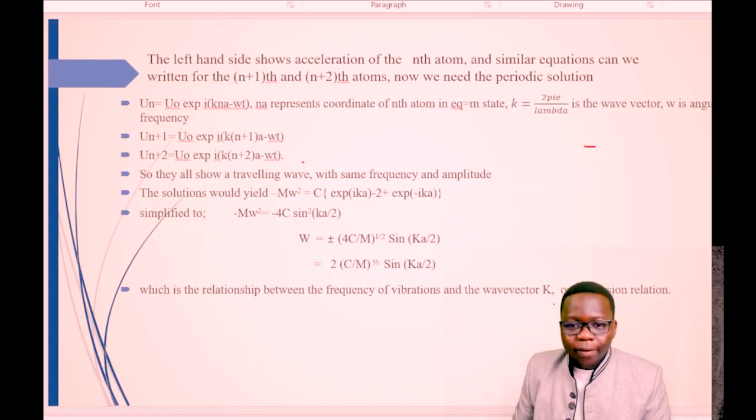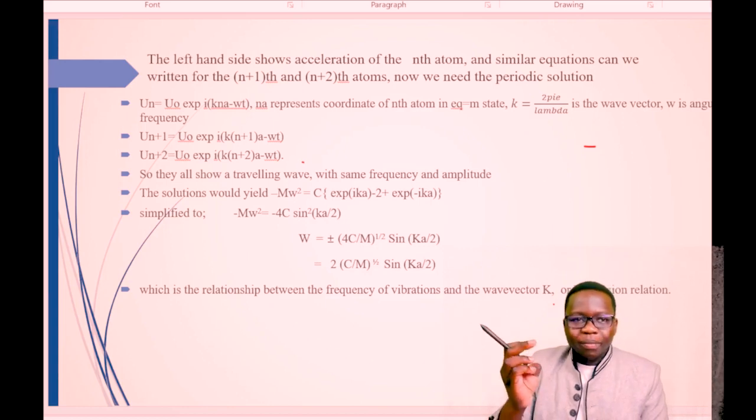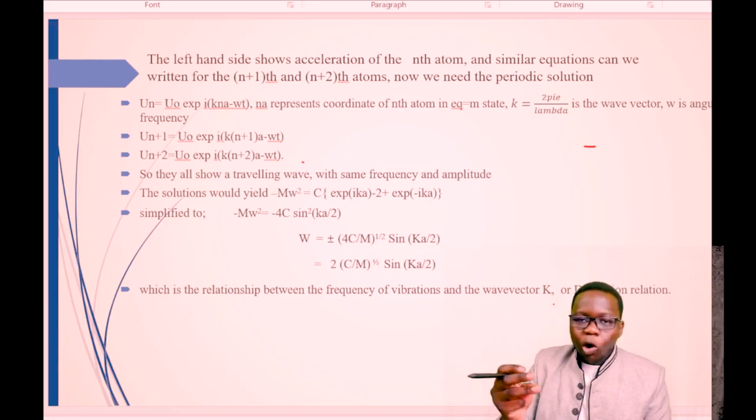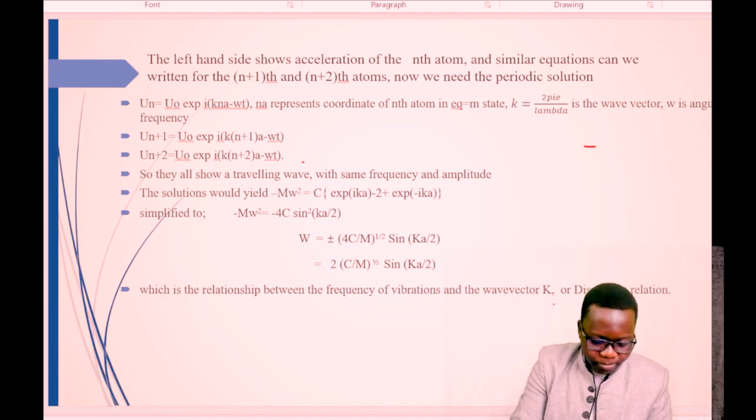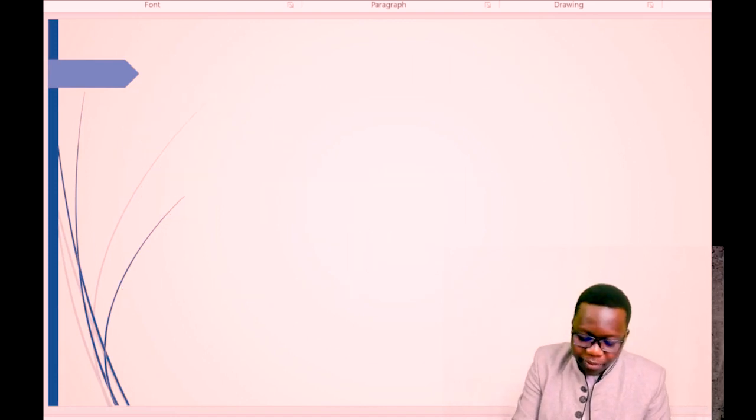So I was saying that these atoms happen to be obeying Newtonian mechanics. They also obey Hooke's law, meaning extension is proportional to the applied force. Let's list some of the things.